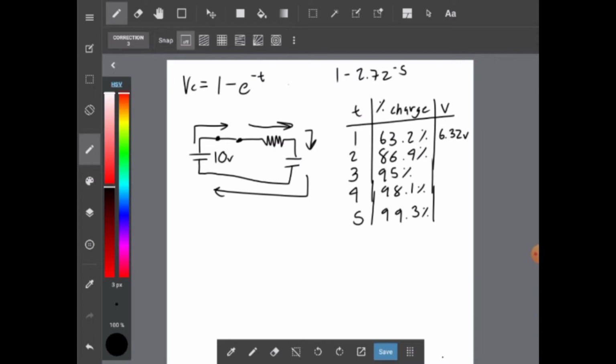And so on, with 86.4% of 10 is 8.64 volts.